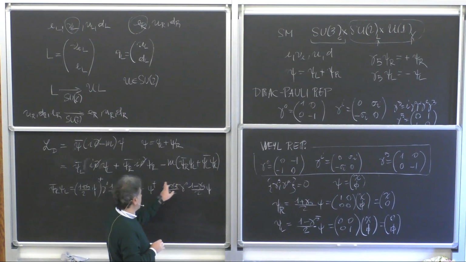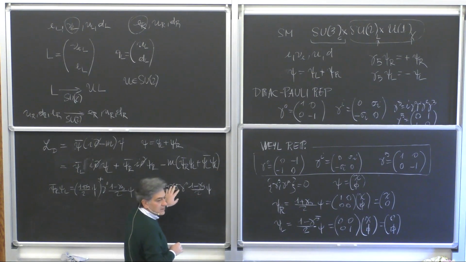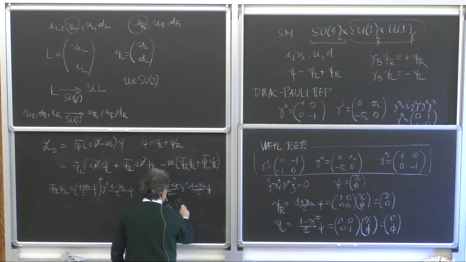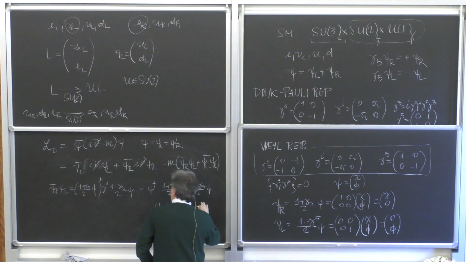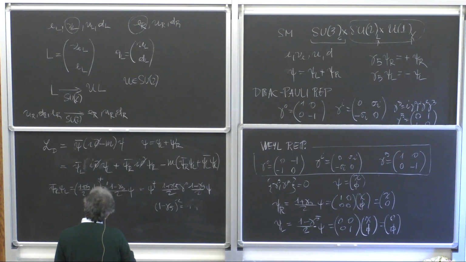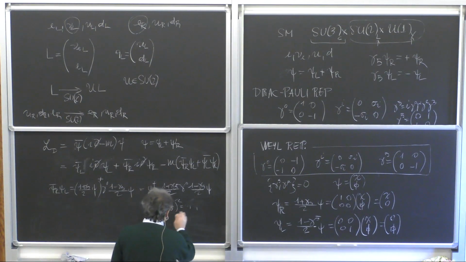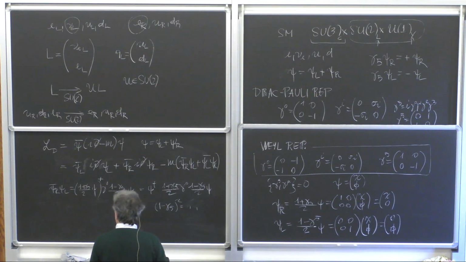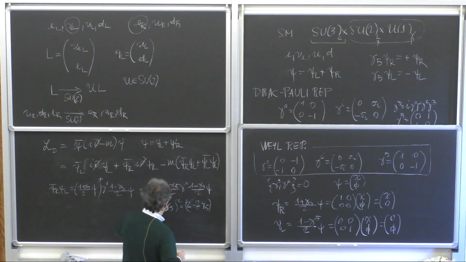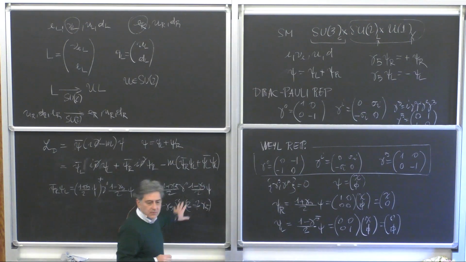When you put the gamma 0 on the left, thanks to the anti-commutation, this gets a minus, and when you do 1 minus gamma 5 squared, you get twice minus twice gamma 5, something that is different from 0.